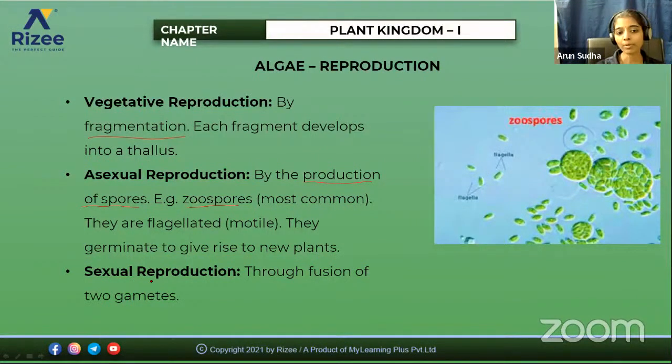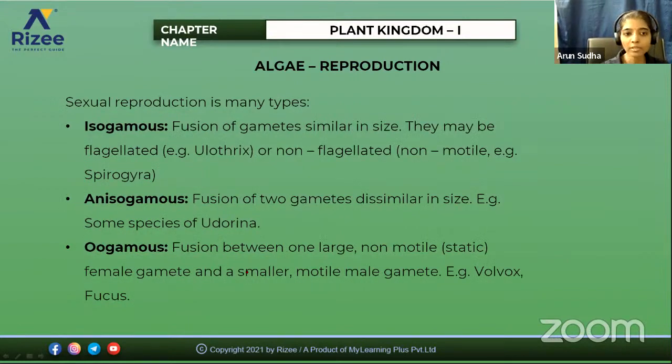And sexual reproduction occurs through the fusion of two gametes. So the two gametes fuse together to form the zygote, and the gametes are of different types. That also we saw, actually the sexual reproduction is of many types. One is isogamous. It is the fusion of gametes similar in size.